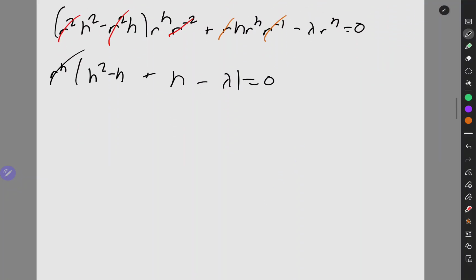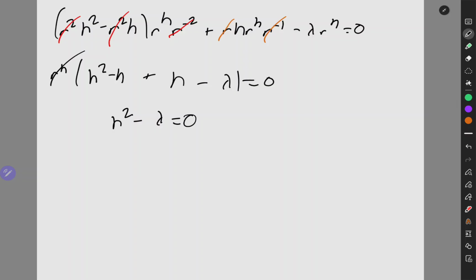So we're left with h squared minus lambda equals 0. Now, before we take the square root, we have to plug in lambda first.